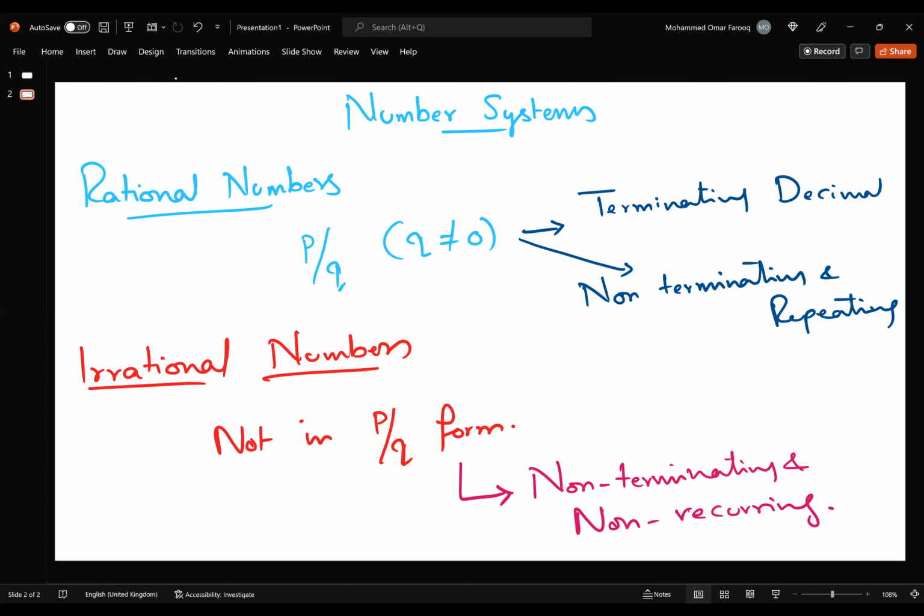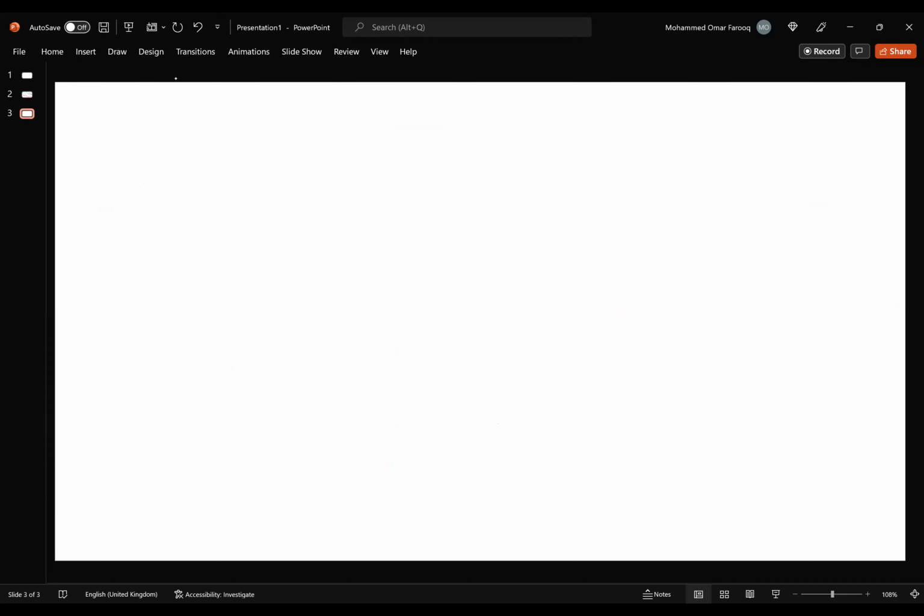So the first question that can be asked from this concept is to find 5 rational numbers between 3 by 5 and 4 by 7.